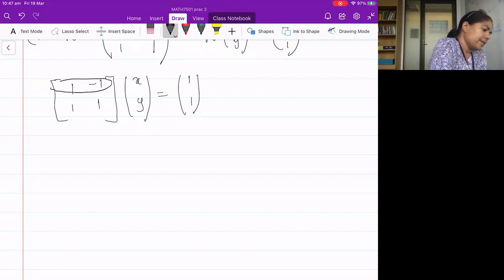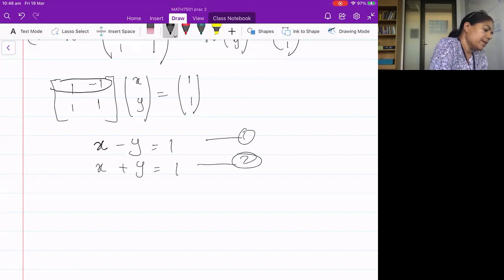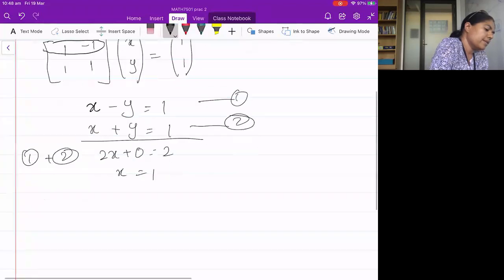So the first equation would be x take y equals 1. Next one is x plus y equals 1. Equation 1 plus equation 2, you get 2x plus 0 equals 2. So x equals 1.